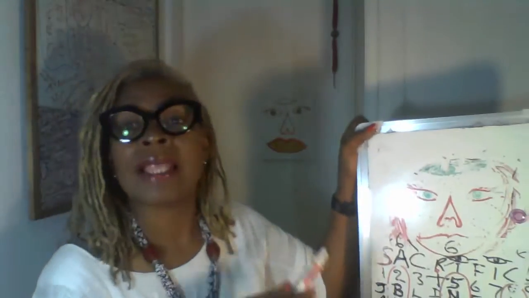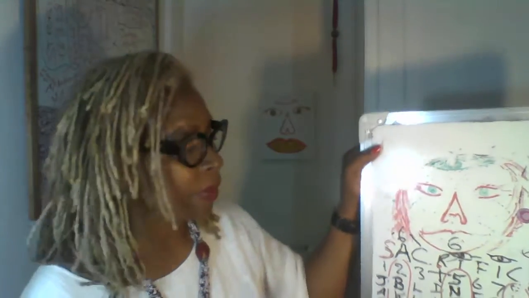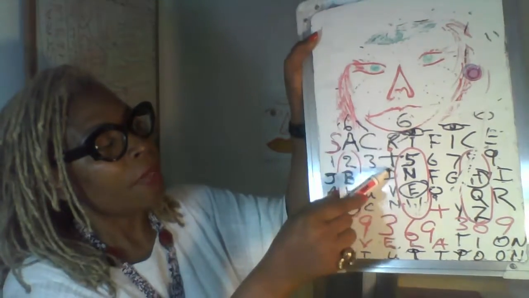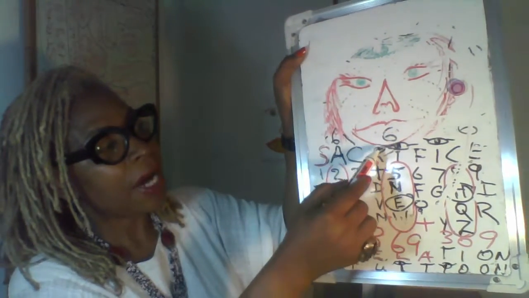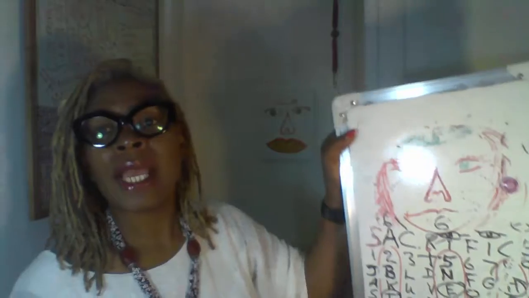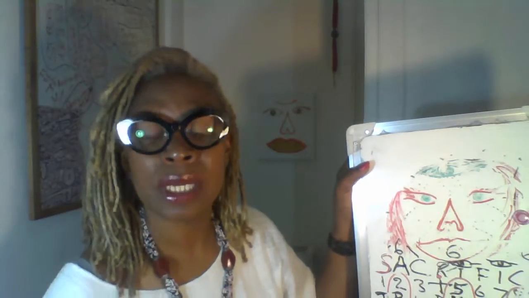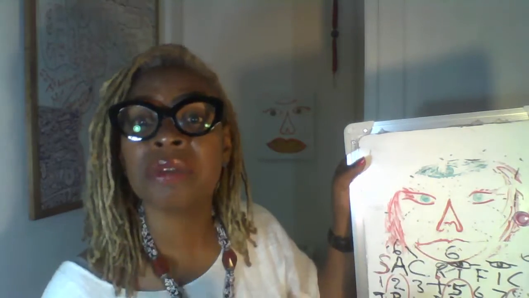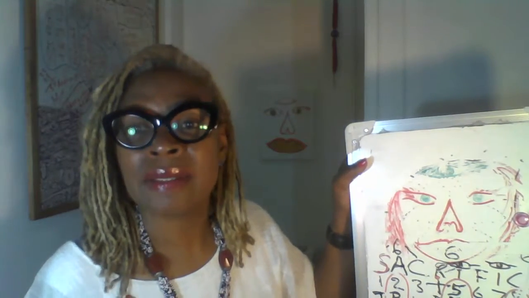So here we see the earth symbol here with the R. It's like there, R with sacrifice. The R is showing that you have come to the complete cycle of your earthly things.